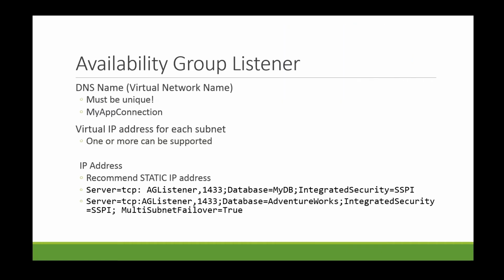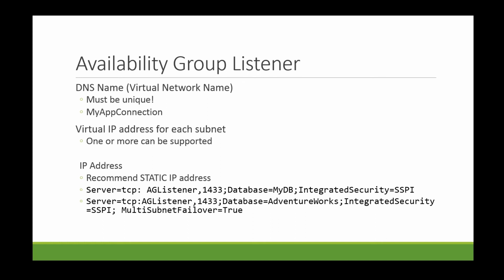The read-only comes in by virtue of this availability group listener. This is unique to an availability group. You need to have a unique DNS name, kind of like a cluster name, if you will. Your application is going to connect to that virtual network name, the DNS name. So it has to be unique, obviously, and that's how you're going to route your traffic.